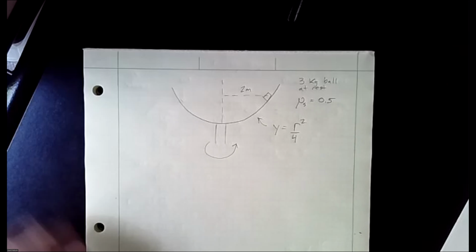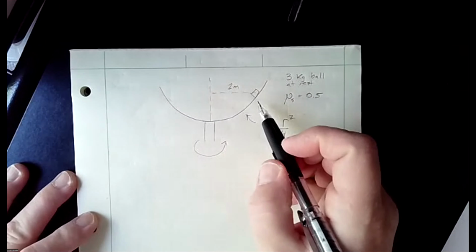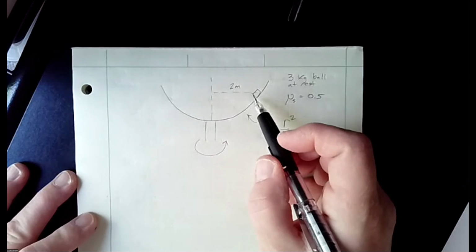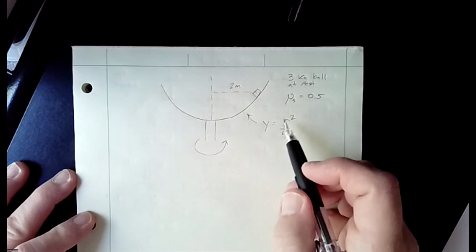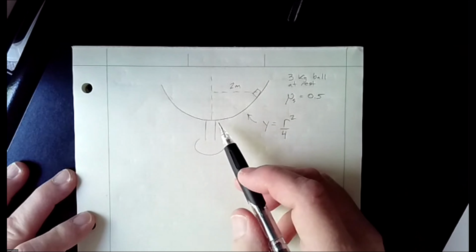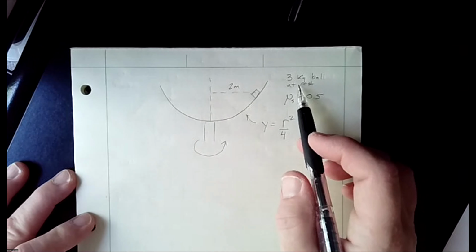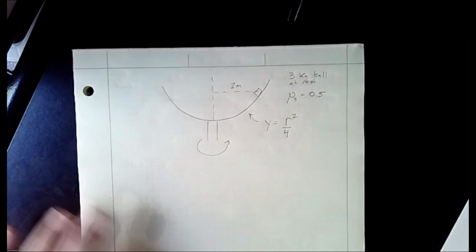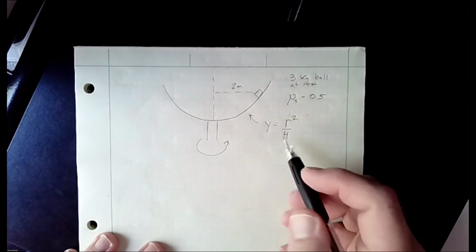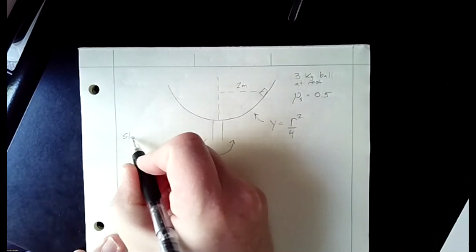All right. So here we have it. What we're given is this. We're going to assume that it can be a ball, a block. It doesn't matter. And so now we have y equals r squared over 4. That's going to be the equation for our parabola. We're given mu static is 0.5, and it's a 3-kilogram ball. All right. So first thing we want to figure out is what is the slope of the dish?